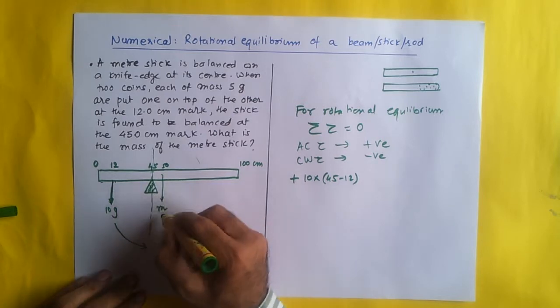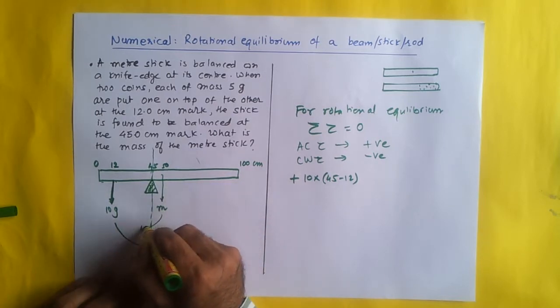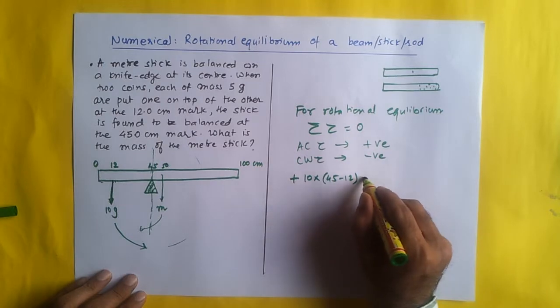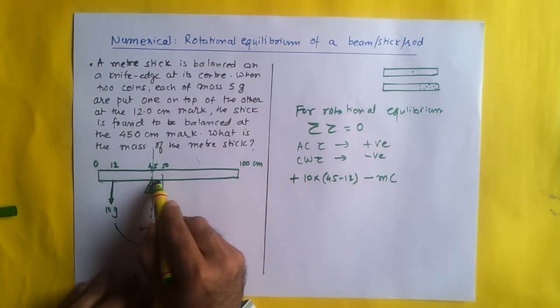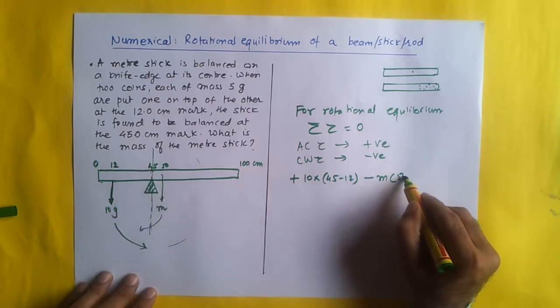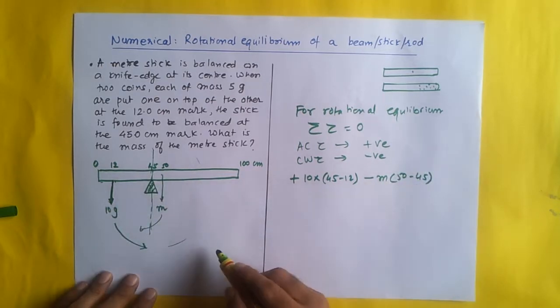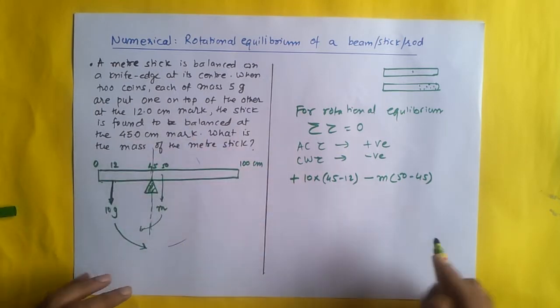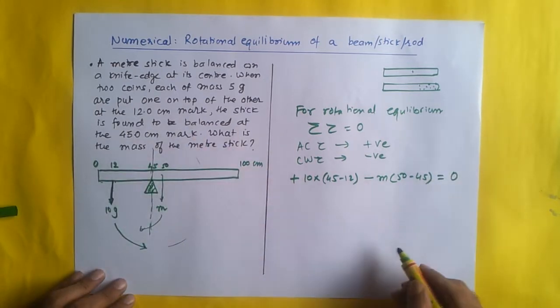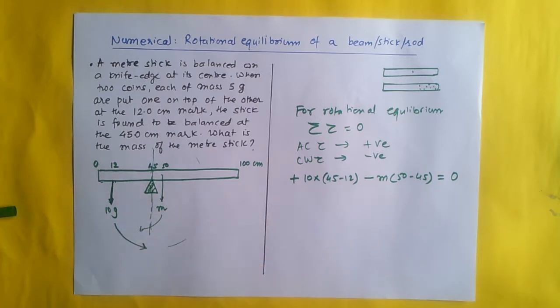As far as this force is concerned, it will have a tendency to take the rod in this direction, a clockwise torque, so I will assign a negative sign to it. M into the distance from the axis of rotation, which is 50 minus 45. These are the two torques that come into play. There are no other forces acting on it. So the summation has to be 0 if it is in rotational equilibrium, which it is.